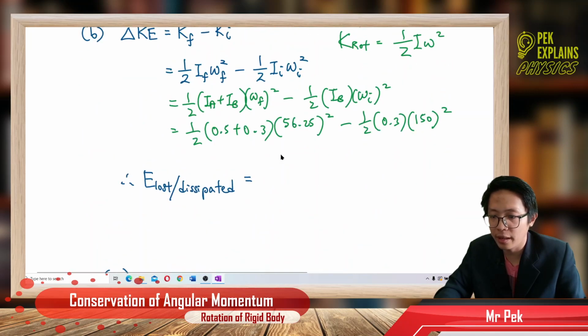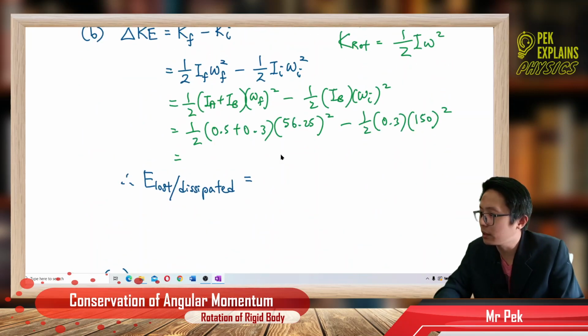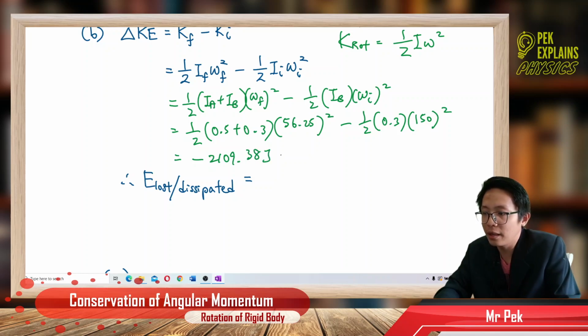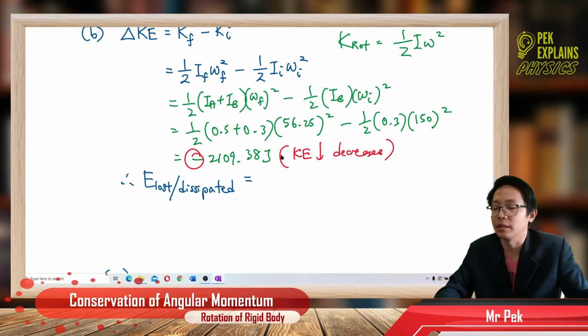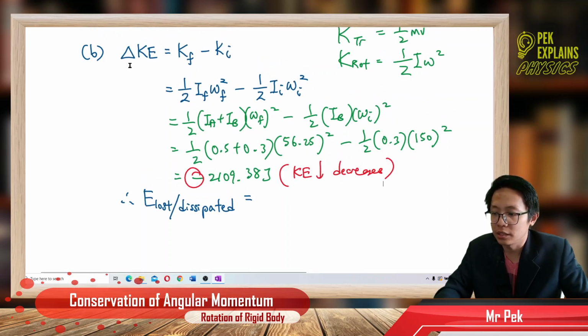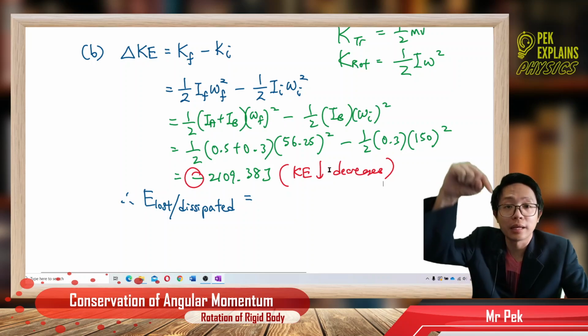Okay, so what is the energy? I got negative 2109.38 joule. Why is it negative? Negative means kinetic energy decreases. The change is a kinetic energy decrease.